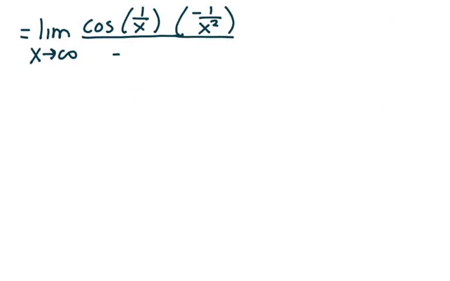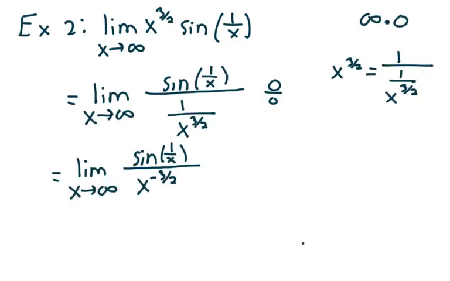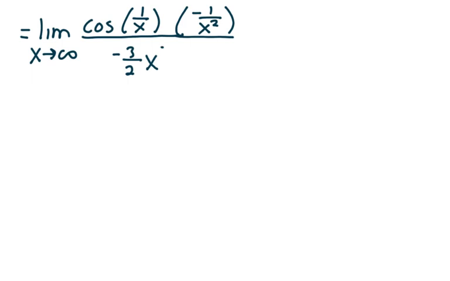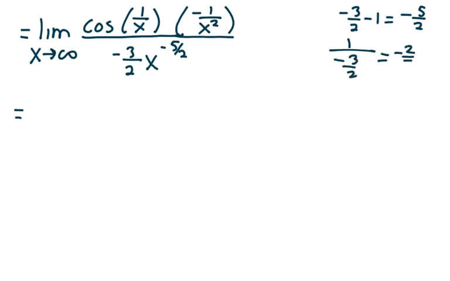So I'm going to take negative 3 halves x to the, now negative 3 halves minus 1 is negative 5 halves. So I'm going to put negative 5 halves there. So remember, negative 3 halves minus 1 is negative 5 halves. And so also remember that 1 over negative 3 halves is negative 2/3. And so I'm going to move that negative 2/3 out in front of the limit.